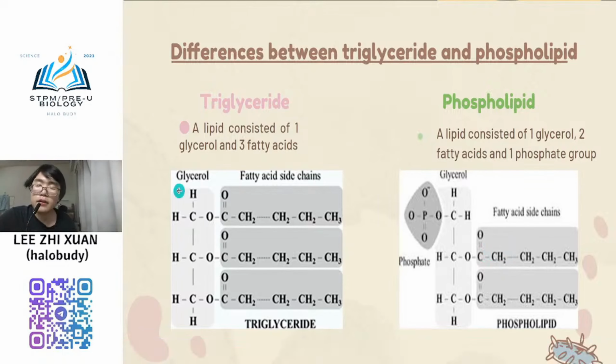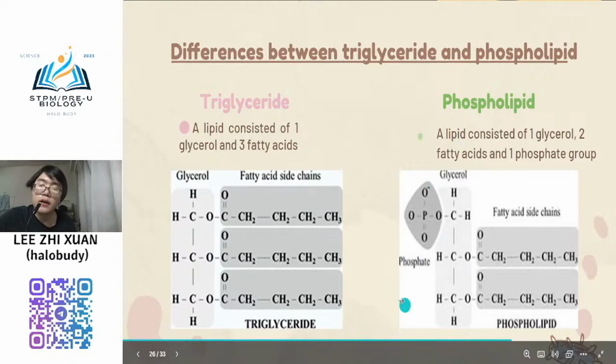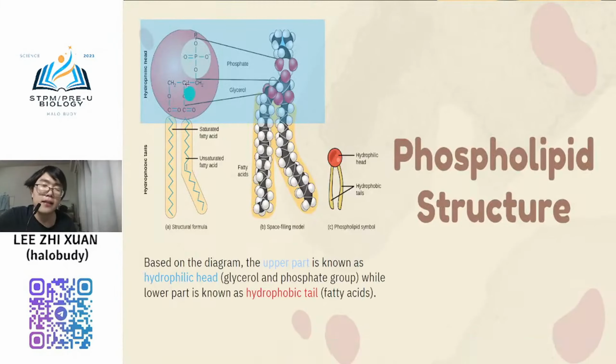So that is why the phospholipid has a hydrophilic head and a hydrophobic tail. Hydrophilic head meaning it is soluble in water, this one faces the water. And the other one is the hydrophobic tail, this one repels water. So that is why you see the phospholipid arrangement is like that.